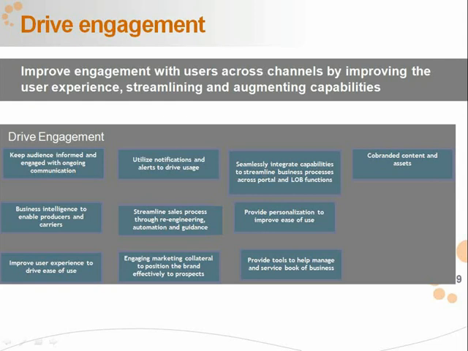So integration of capabilities is very, very important in order to have uniform impact across different lines of business and portals. And then, providing personalization, and we'll speak a bit about that in a minute. Providing more personalization and providing tools to help and manage your business from an online and digital engagement perspective.